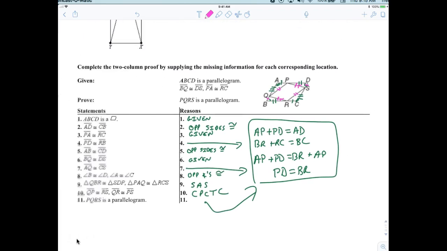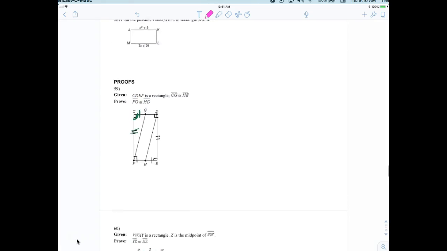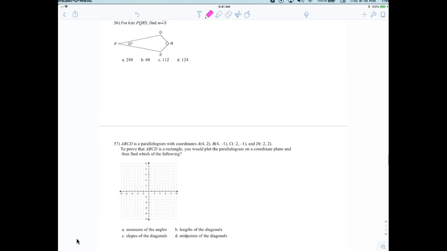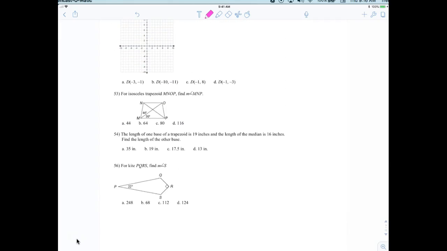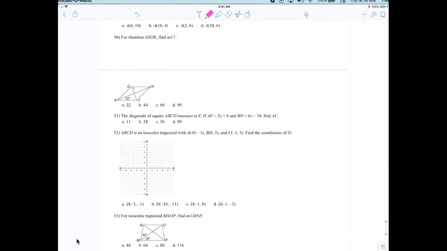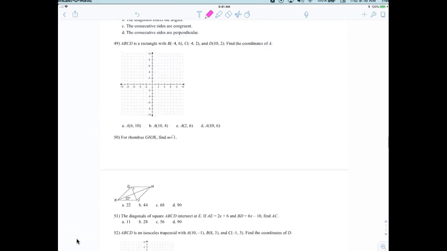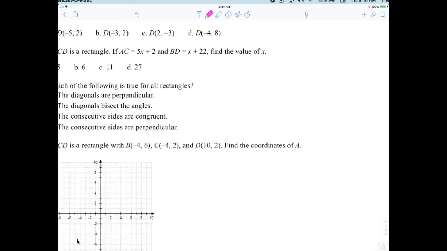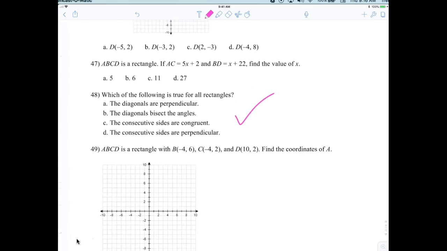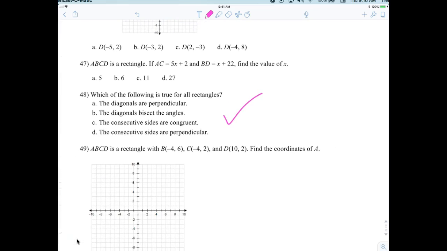All right. So I don't know how much time we have. Like 1 minute. Okay. So again, listen, honestly, if you guys need to come in the morning, that's perfectly fine. I do think there's maybe 2 questions where you have to draw something out and kind of decide what it is. All right. There are questions regarding this right here, you know, which are the rules for a rectangle?